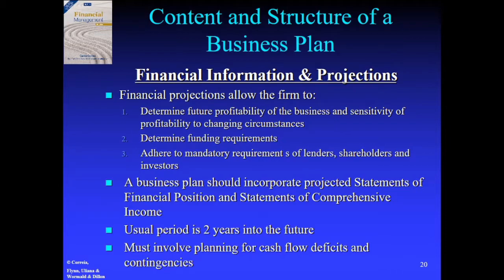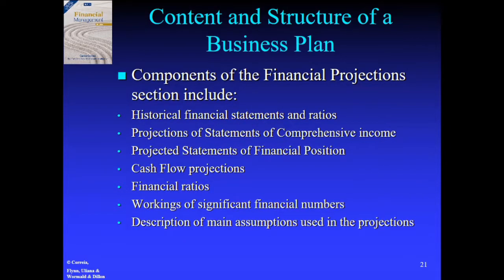So in a business plan, the financial projection section should include the following: historical financial statements and ratios. So this would be usually based on audited financial statements. Then projections will also need to be included.